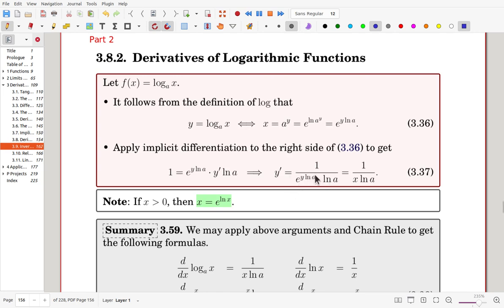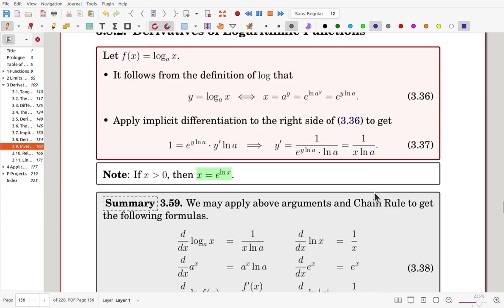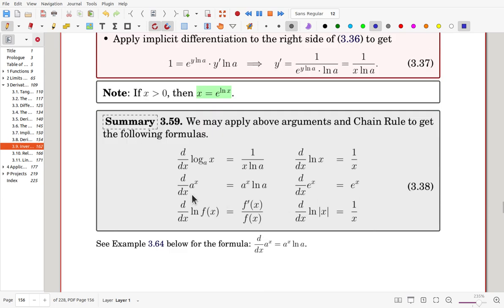Now e to the y ln a is the same as x, so that we eliminate terms including y here, and that becomes x. So y prime is the same as 1 over x ln a. We can summarize here: the derivative of log_a x is the same as 1 over x ln a.